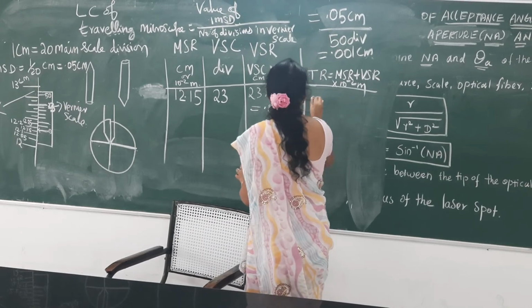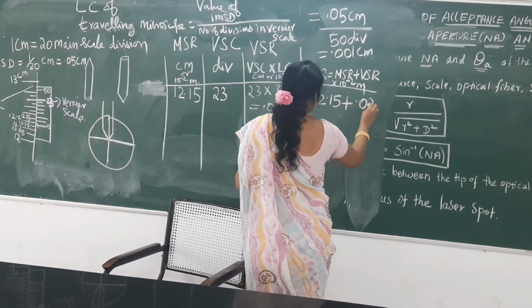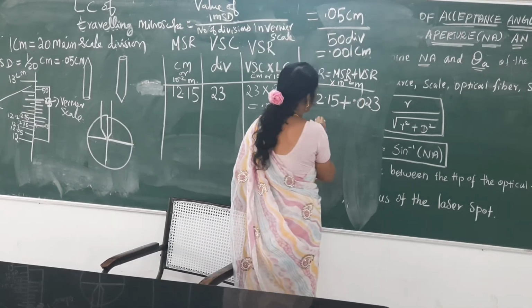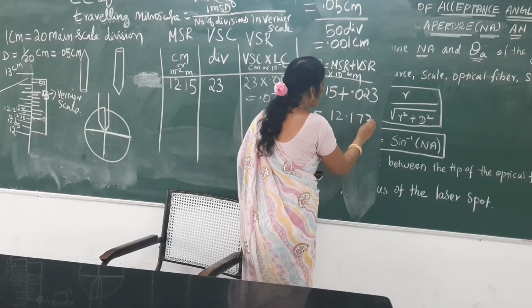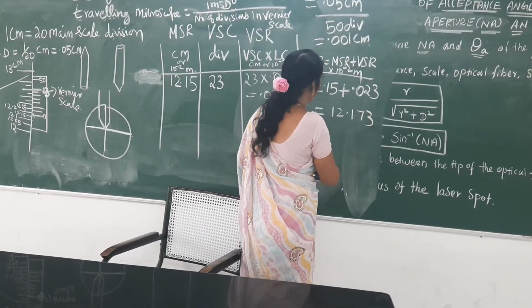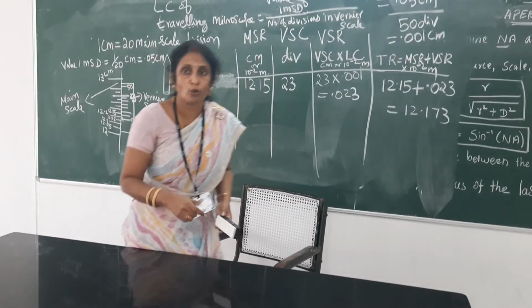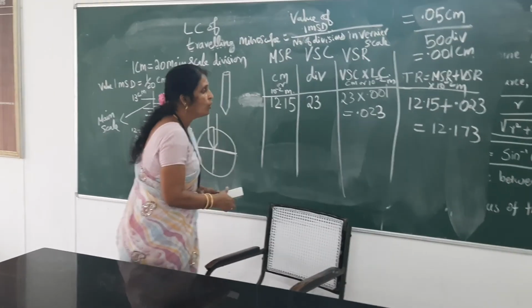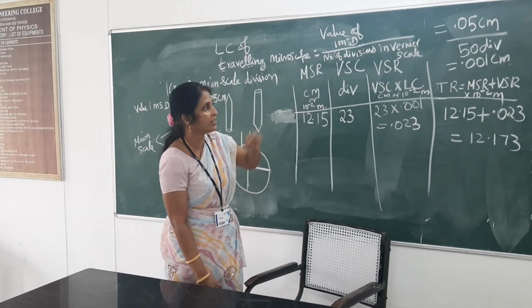That is 12.15 plus 0.023. You will get 12.173 centimeter or 10 power minus 2 meter. Like this you will get a reading. So in this traveling microscope you will get the reading in 3 decimal points. The least count is in 3 decimal points.